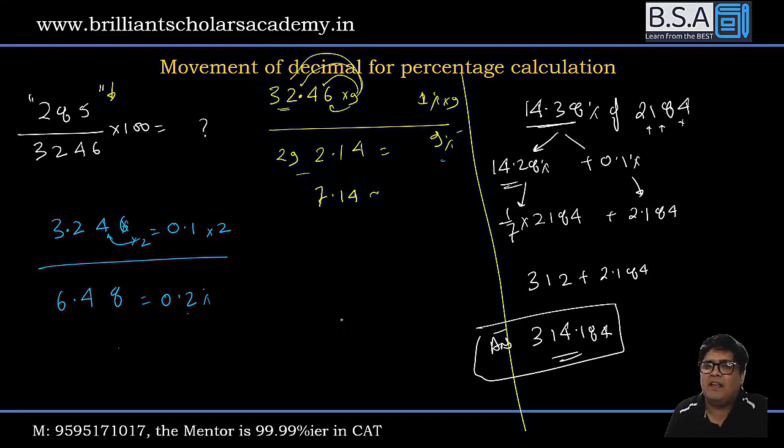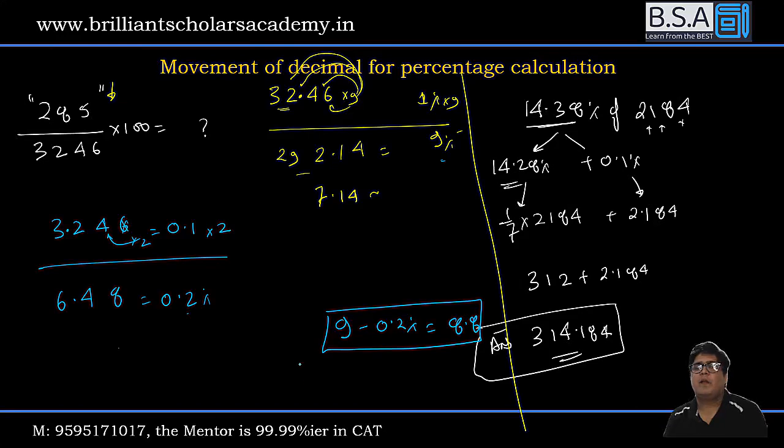But I am simply saying your answer will be just below this. I wanted to subtract 7.14. I'm able to create 6.48. I'm happy. I will subtract this value from this. See what happens.